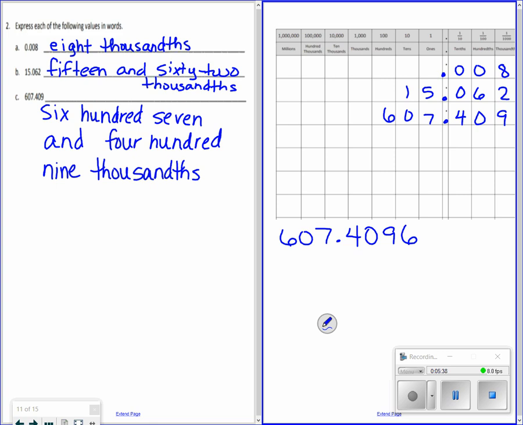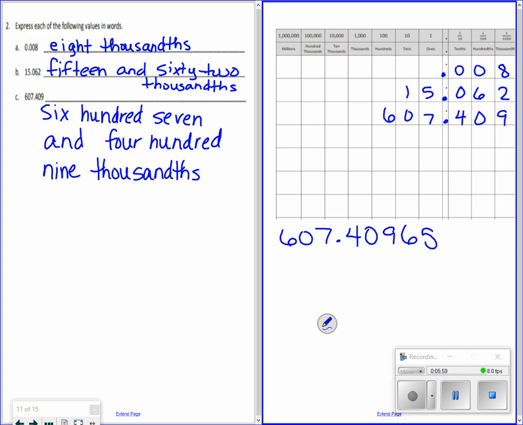You would just go to the next place value behind there. So 607 and 40,965 hundred-thousandths.